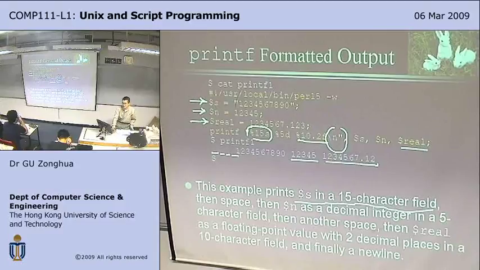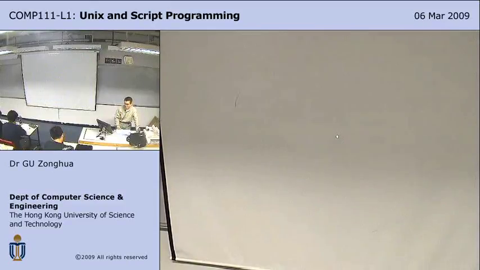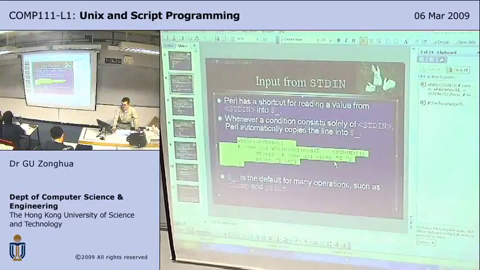So notice that this means that the whole thing has length 10, while the fractional part has length 2. The integer part has only length 7 because you have a dot followed by 2 digits after the dot. So printf is almost exactly like printf in C.